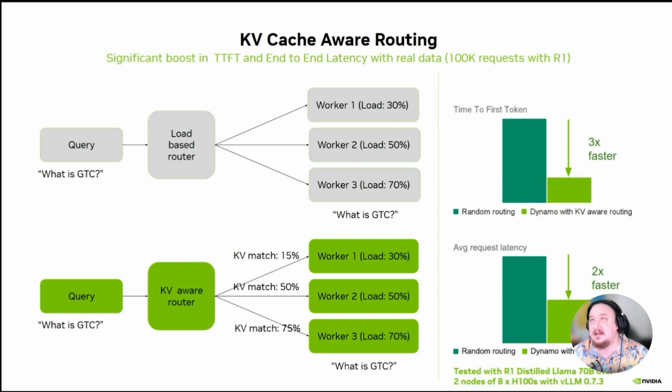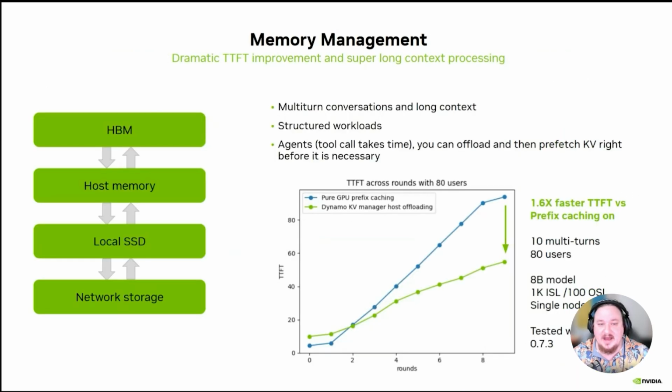So it's not just dictated by the KV cache match; of course, it's also going to be incorporating load. But the idea is that if we've already got most of what we need on a GPU, then we should think about going there before going to one that has nothing or close to nothing that we need. And so this is how KV cache aware routing really effectively allows us to make things faster. There you go. We love that.